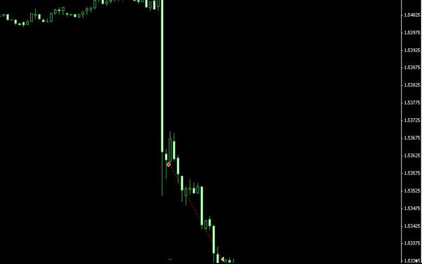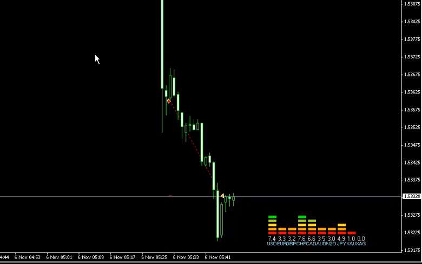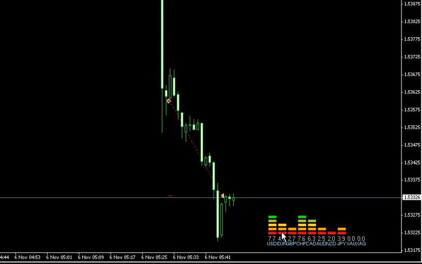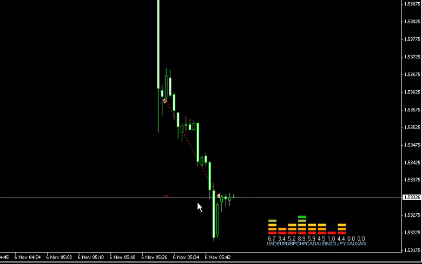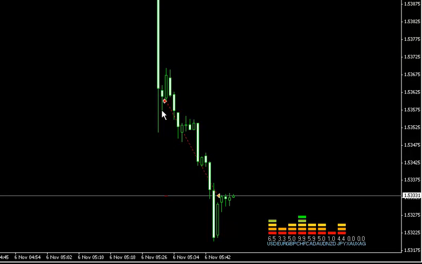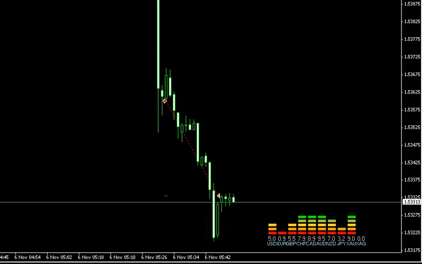There are so many settings in this EA. It also has a built-in currency meter, and you can adjust the currency meter. What this does is, for example, when there was this Australia release, it looked for the currencies where the Australian dollar was strong and whatever other currencies it was trading against were weaker. That's where it would trigger the trades.